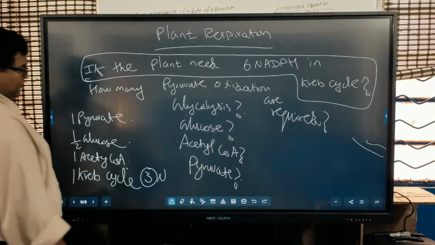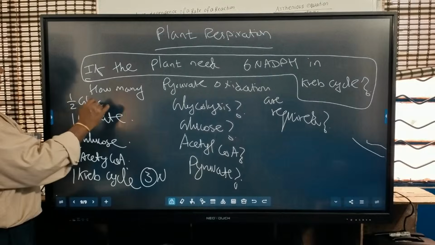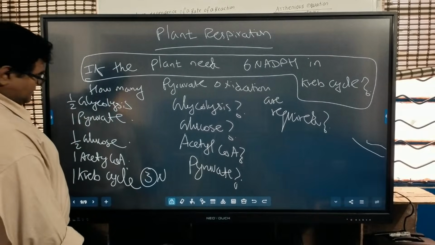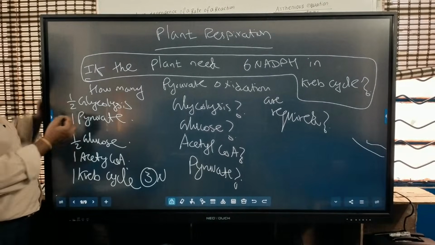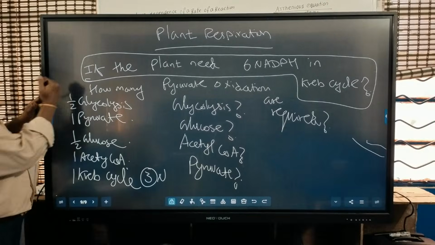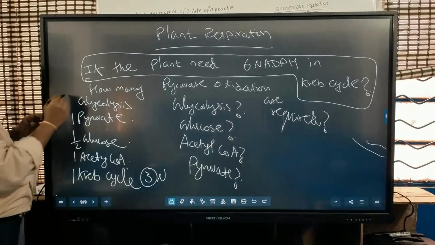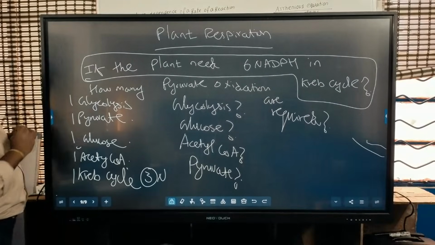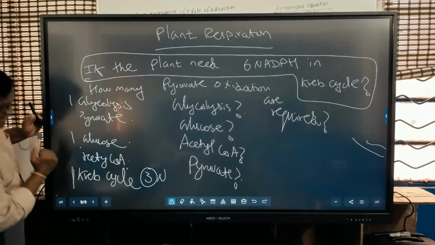We should not say a fraction of glycolysis, so we'll write it down and then I'll give the easy way to calculate. There is no fraction of glycolysis or glucose in the world. So if I keep this as 1, of course I should bring pyruvate, acetyl-CoA and Krebs cycle as 2.